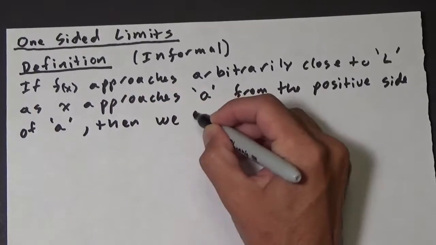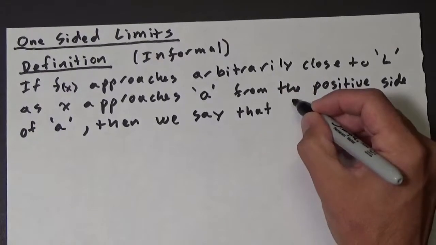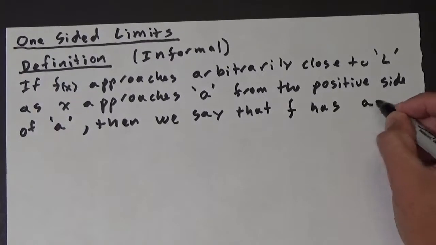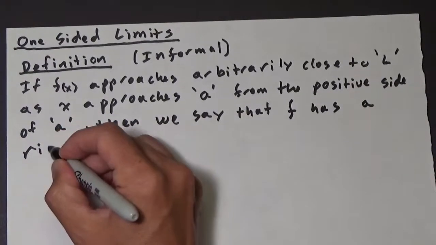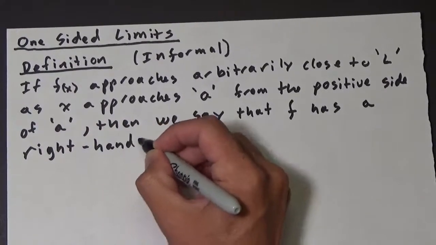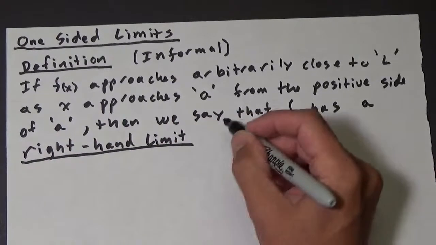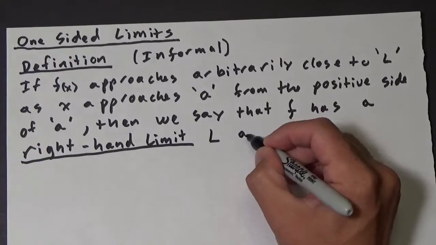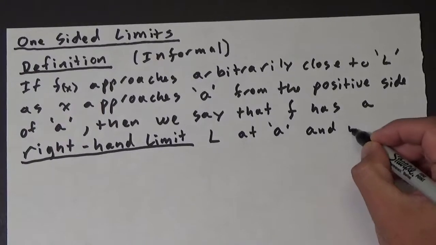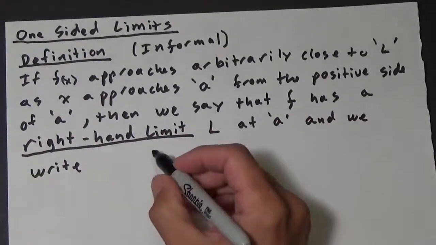then we say that f has a right-hand limit L at A, and we write, and then we say the following.